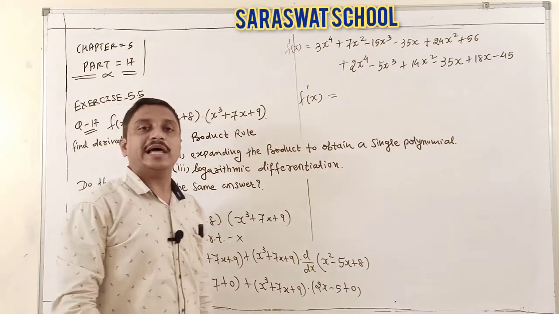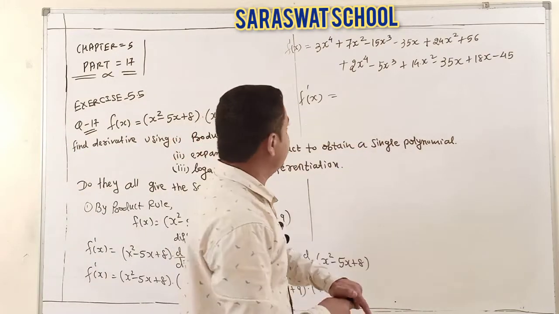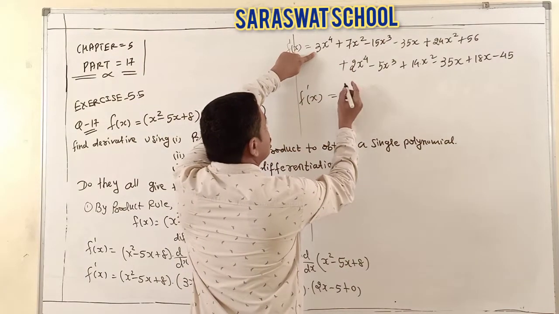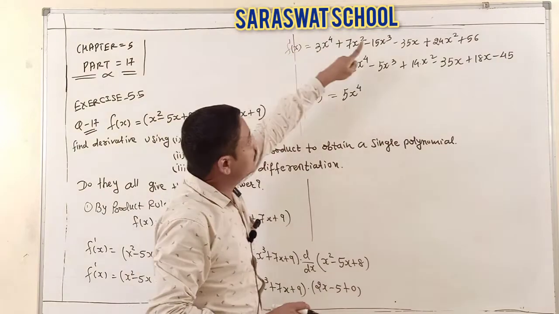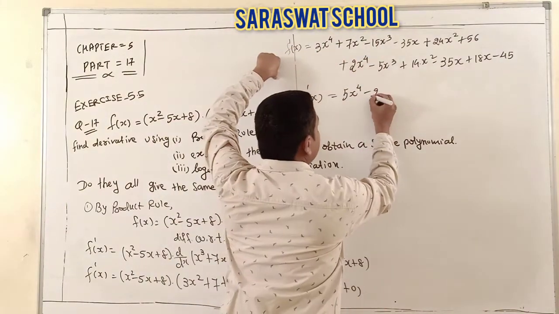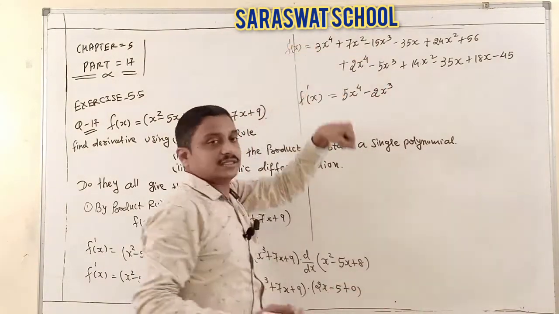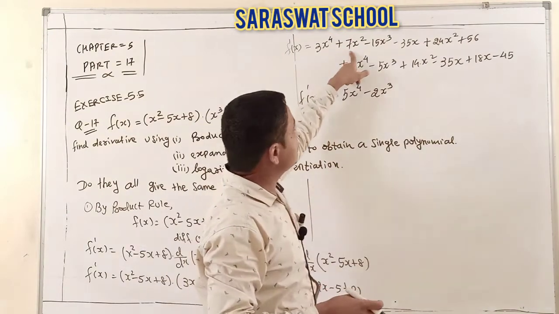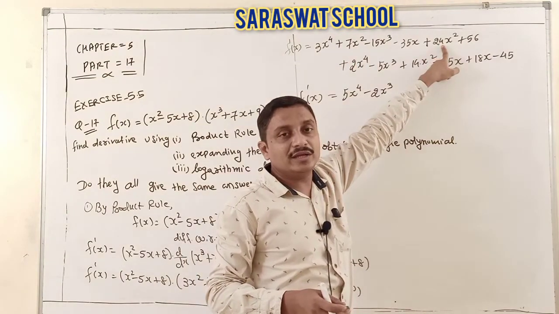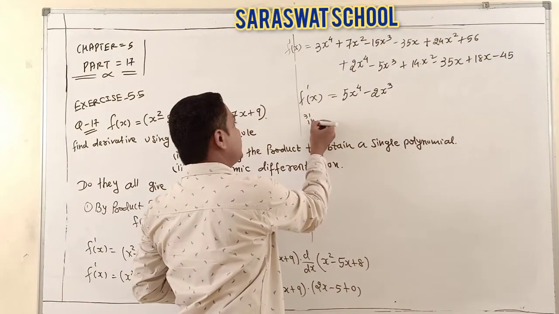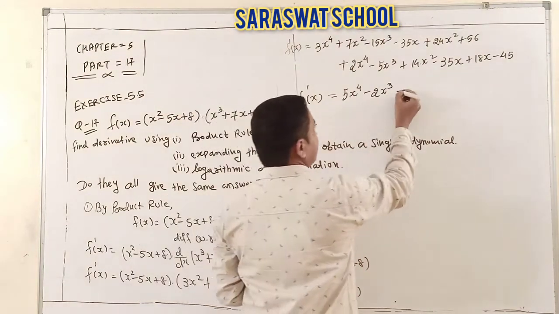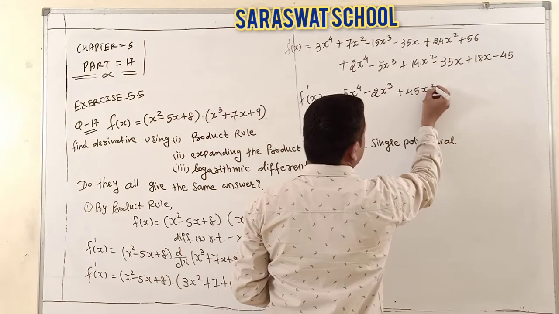Now I collect like terms from higher to lower. Right? Power 4, 3 and 2. 5x raised to 4. Now cube power 15 and 5, 20x cube. Yes. Now square 7 and 24, how many? 31, 31 and 14, it is 45x square.